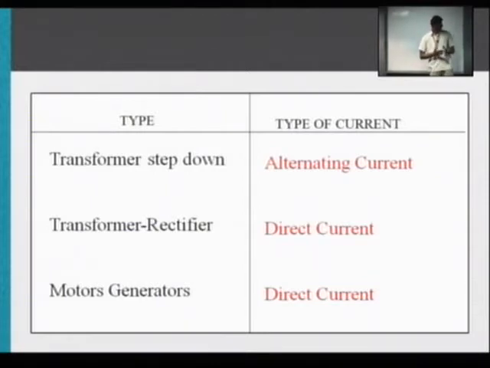Suppose your transformer consists of a rectifier, then you should choose DC, direct current, and here your power supply may be single phase or two phase. And motor generators, as you already know, require only DC current.